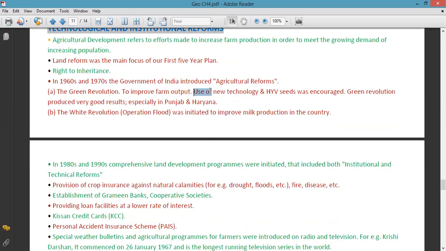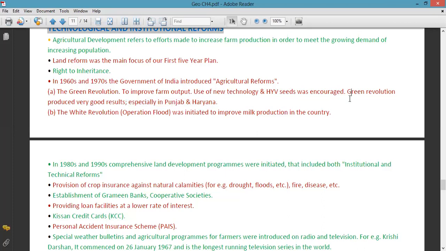Next, new technology and high yielding variety seeds were encouraged. New technology, the introduction of tractors, new harvesting machines and seeds, can be utilized under these reforms. The green revolution produced very good results, especially in Punjab and Haryana.